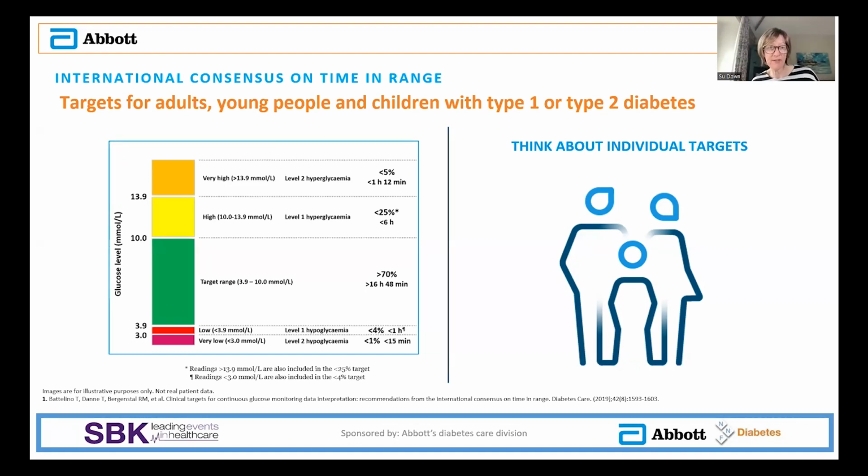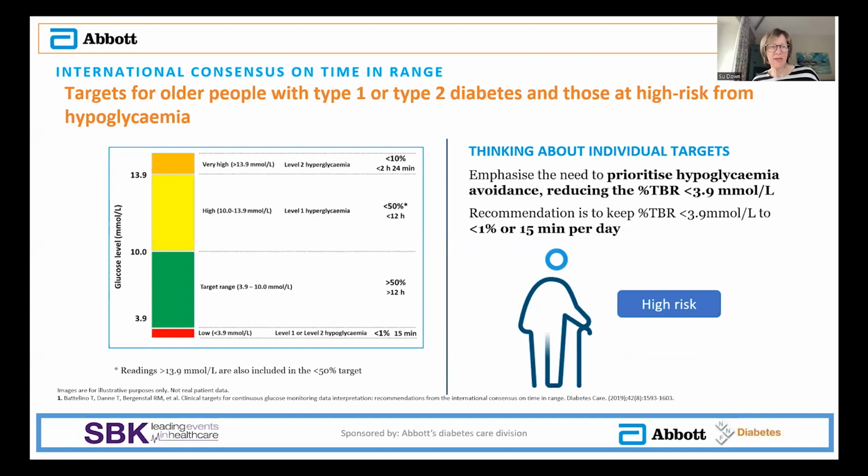So if I can have the next slide, please. We can see that for this older age group, we're doing two things. We only want them in that target range about 50% of the time, with a lot of time spent between 10 and 14. But there is an absolute priority to avoid hypoglycemia.